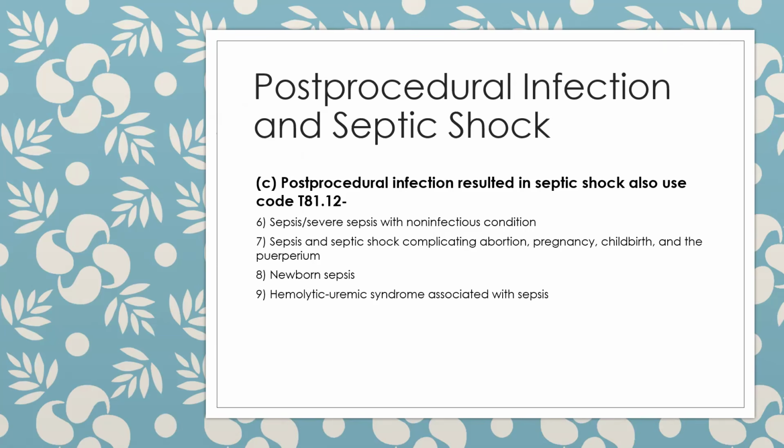And last for this slide, hemolytic uremic syndrome associated with sepsis. As we referenced earlier in the presentation, make sure that you assign D59.31 as the primary or principal diagnosis, and then the underlying systemic infection and any other conditions can be assigned as secondary diagnoses.